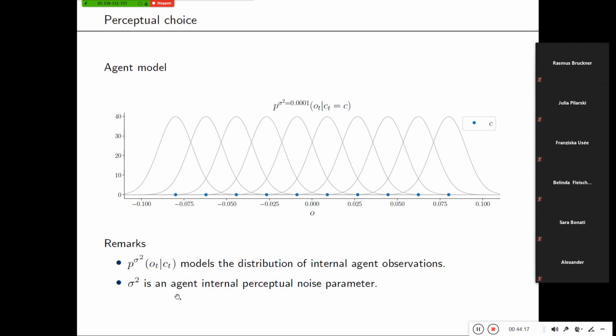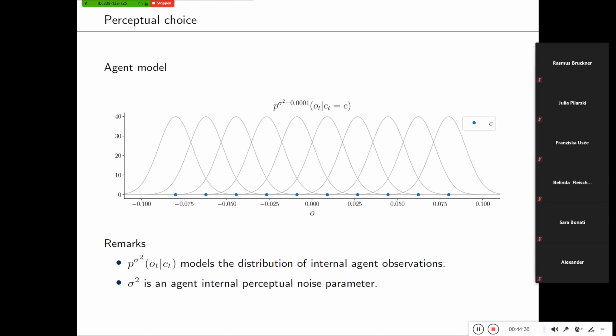One thing that is important is that how good you will be depends on how broad these noise distributions, or these observation distributions, are. And these depend on a parameter, which was chosen for this picture to be 10 to the power of -4.